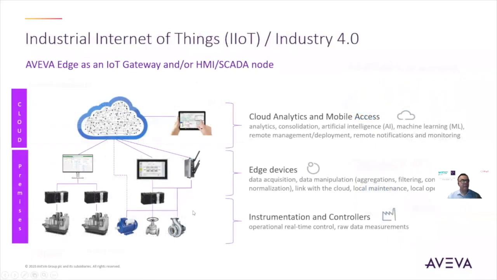And again, being able to take that data from the edge-type devices, whether that's valves, pumps, motor controls, whole machines, whatever you consider the edge, so to speak, not only as a pass-through, but also for data acquisition, data manipulation, and to aggregate, filter, and contextualize that information before you send it to where you need to analyze that, whether it's cloud-based analytics or an on-premises historian.